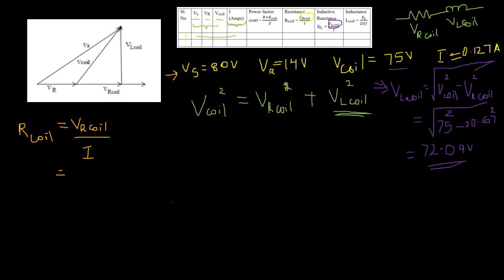From that we calculated the resistive component of the coil voltage as 20.67 volts, divided by the current, which we obtained from the first reading as 0.127 amps. The resistive component of the coil will be around 162.81 ohms. So this will be the value for your R coil, the resistance appearing across the coil.